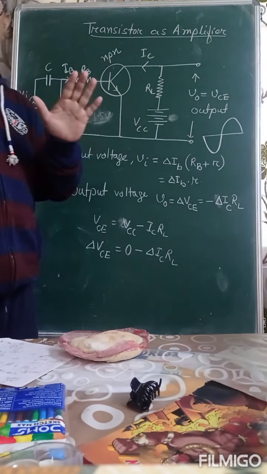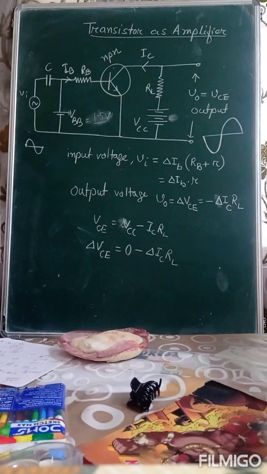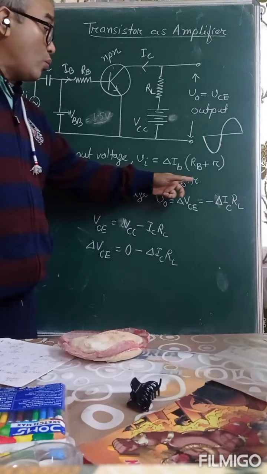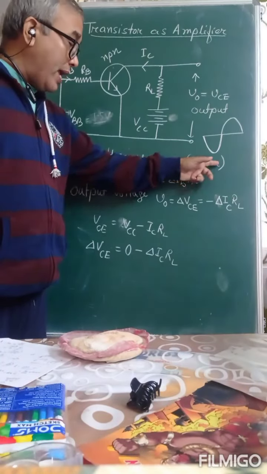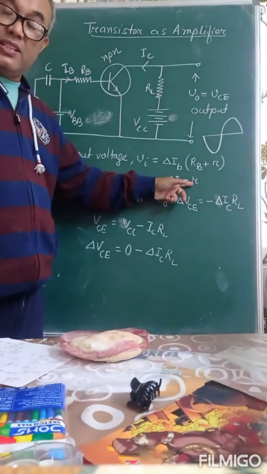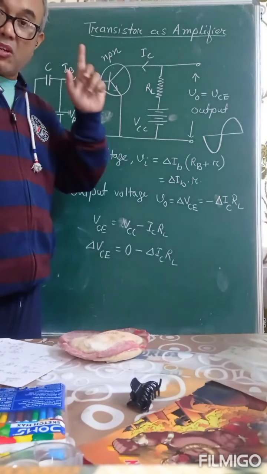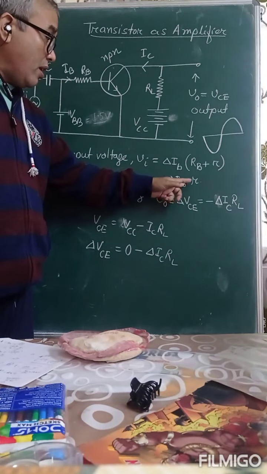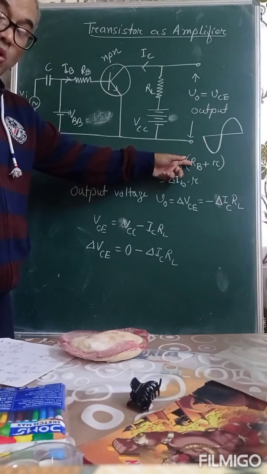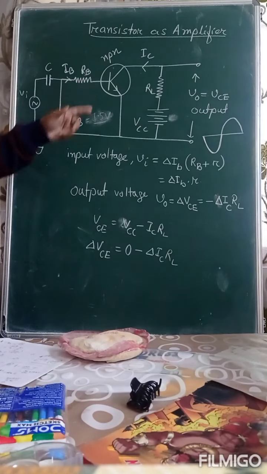But when we use a transistor, it is not under ideal condition, therefore some amount of internal junction resistance is also included here. These two as a whole is called R. This is the input resistance. If the transistor is an ideal transistor, the value of R is equal to RB. RB is the input base resistance.